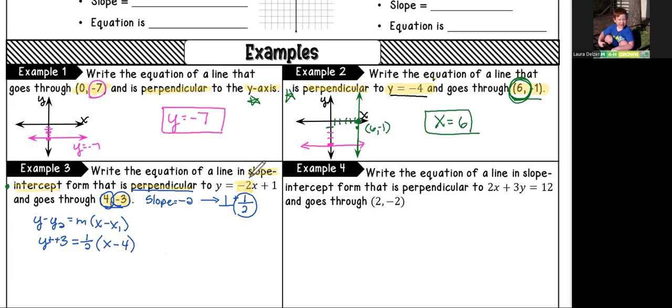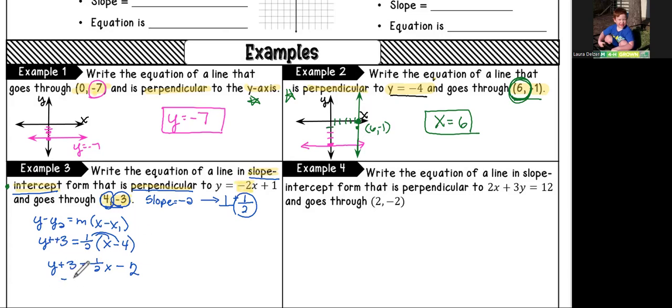Okay. Now they wanted it to be in slope-intercept. So, I mean, this is an equation here, but it is only a point-slope equation. It is not the slope-intercept. So we've got y plus 3, and then I'm going to distribute. So we got 1/2 x, and then 1/2 times -4 is going to be -2.